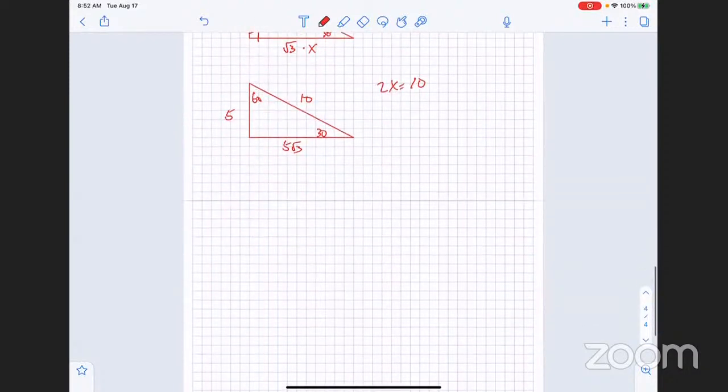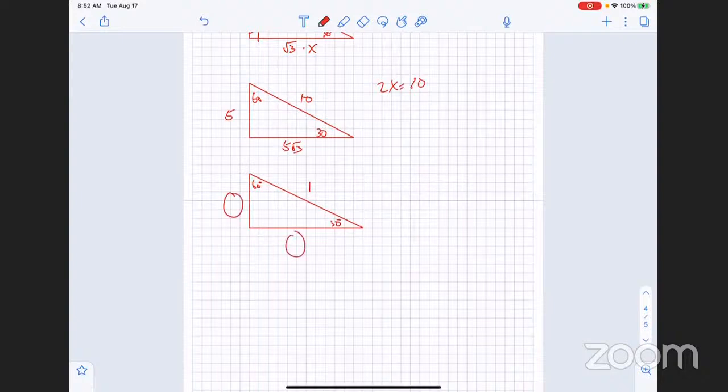Now, it turns out on the unit circle, each radius is 1. So that makes the hypotenuse of the triangle 1. So that makes what? What would this be?